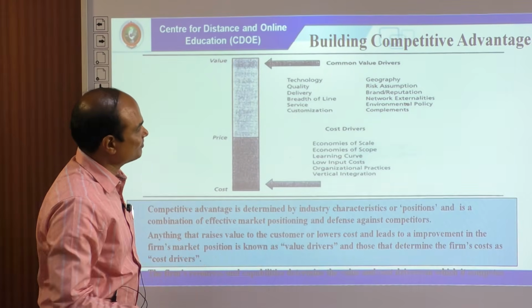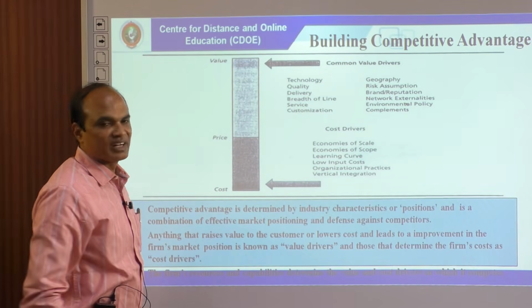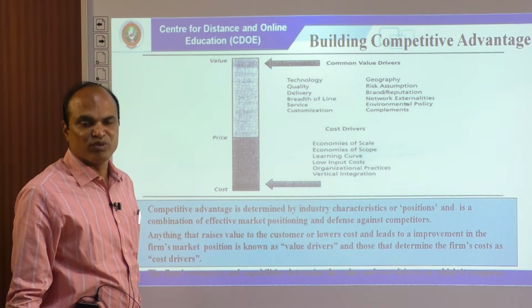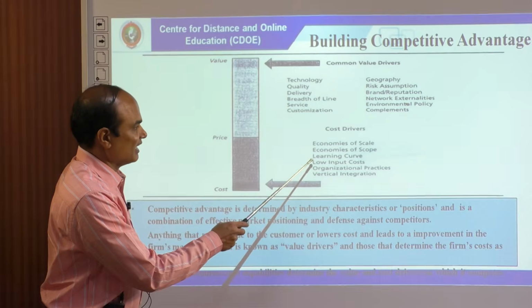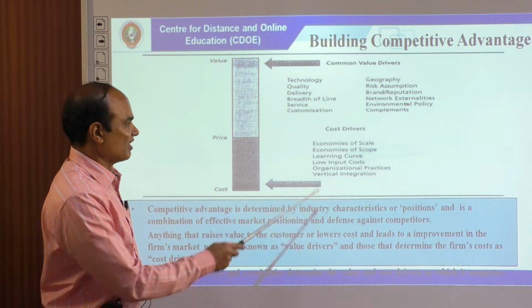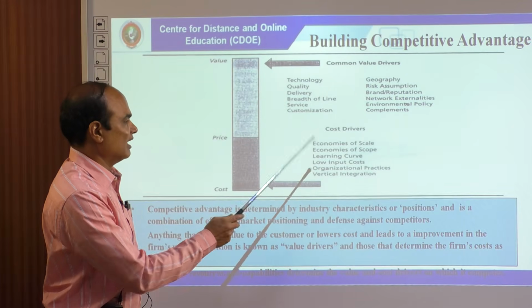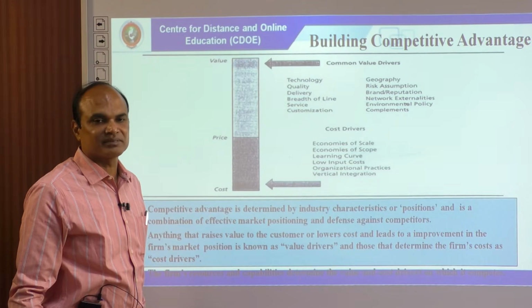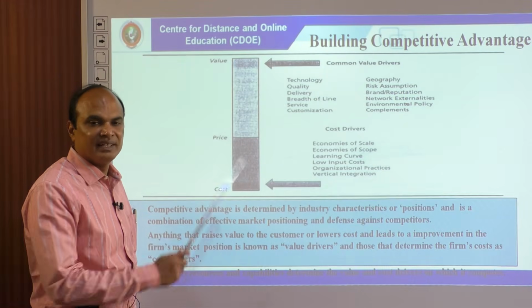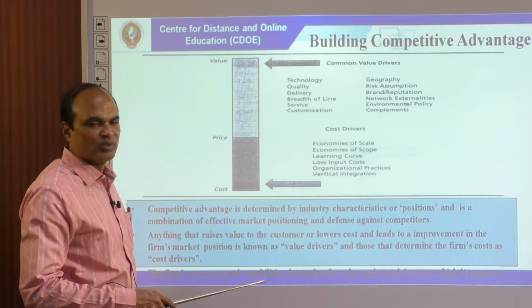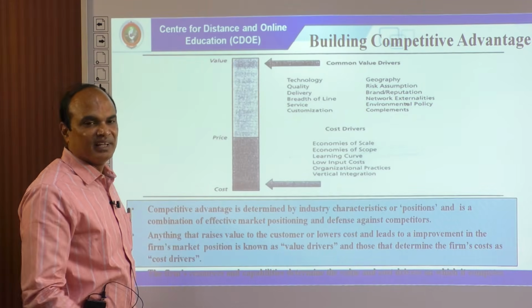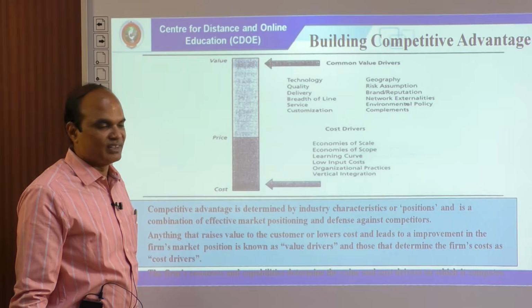So, let us understand the cost drivers: the economies of scale, the economies of scope, the learning curve that it offers, low input costs, organizational practices, and vertical integration. Economies of scale and scope, for example, if LED or LCD manufacturer, there are only few operators who can manufacture LED, and of course, LCD is not available now.